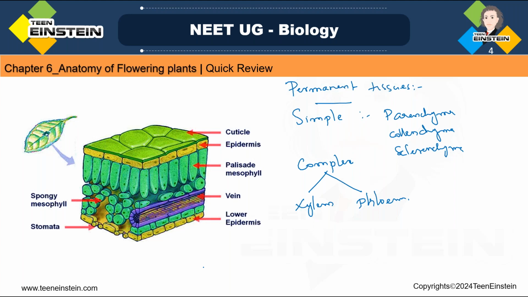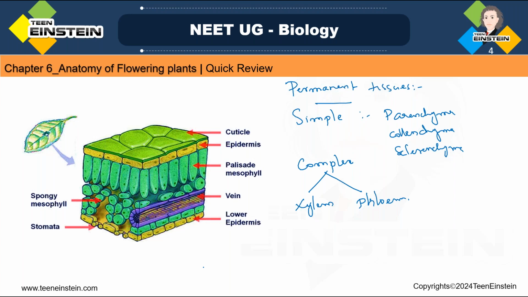And ground tissue system is the fundamental tissue system, that is the main plant body. And the vascular tissue system forms the stele region. Okay. So here you can see the vascular bundles and all other things in the center portion, right?